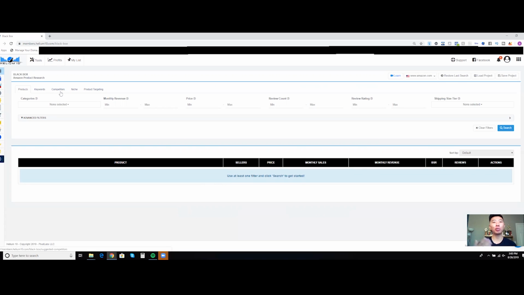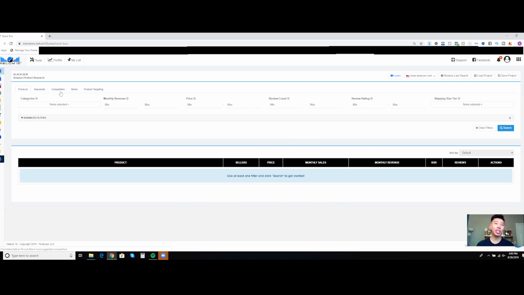When you're doing your product research and launching a product, you don't want to launch a product that's oversaturated, too expensive, or too cheap, and there are certain categories that are gated. So you want to be able to filter out those categories, and also take into account that you don't want to be jumping into a product that has thousands of reviews among your competitors.